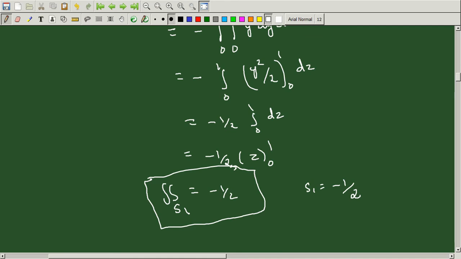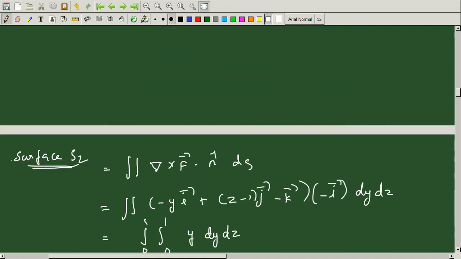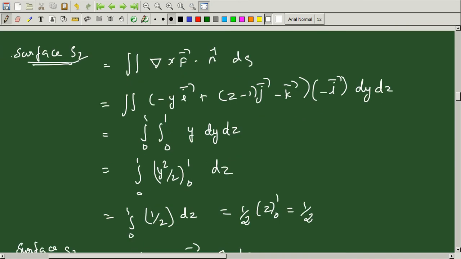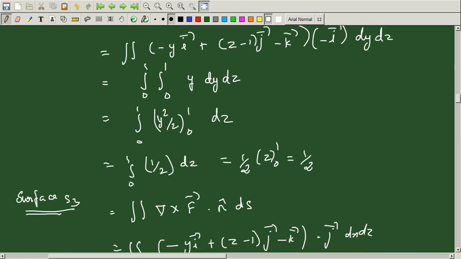Okay. So similarly, we need to calculate all the other surfaces. So this is surface 2. Similarly, we take del cross f dot n cap, where n cap is the minus i direction. i dot i is only 1. So negative into negative will become positive y. Now do the integration, the usual procedure: y square by 2, applying the limit, we are getting 1 by 2.